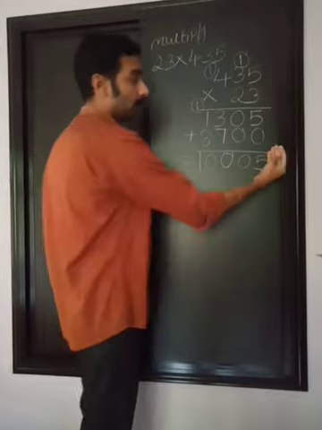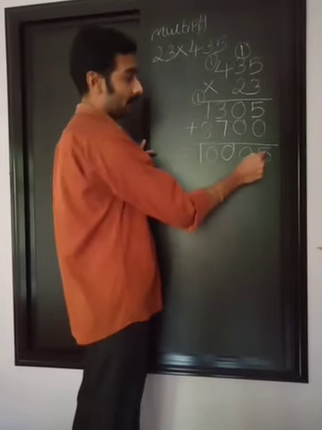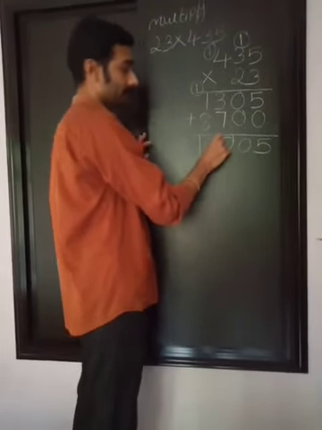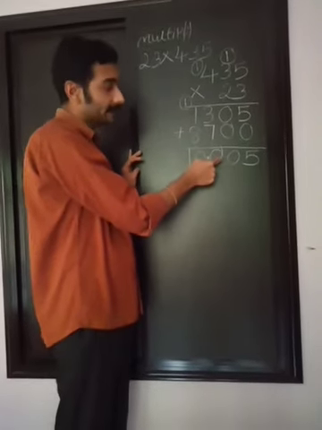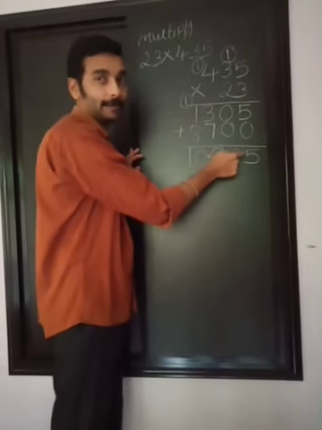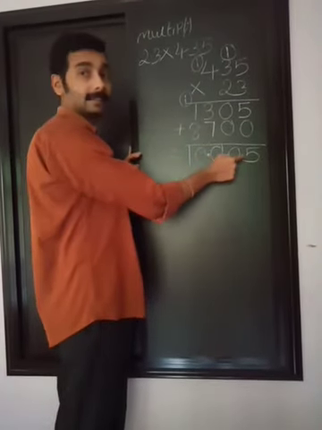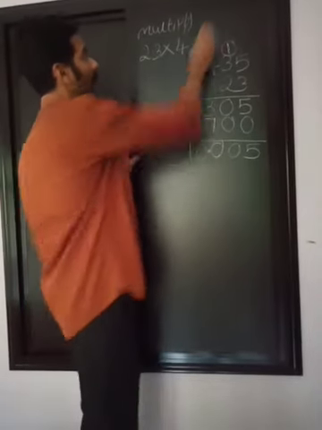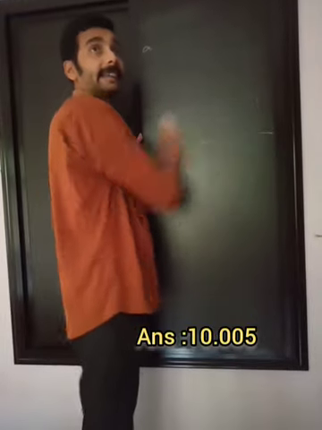We move right to left, 3 places of decimal, 1, 2, 3. The answer is 10.005. Clear?